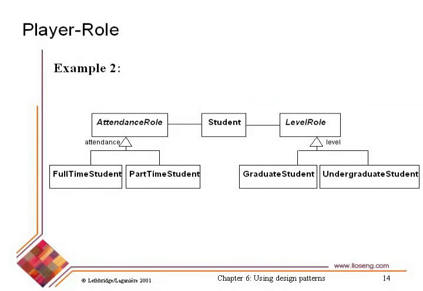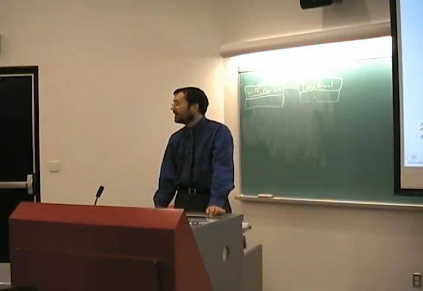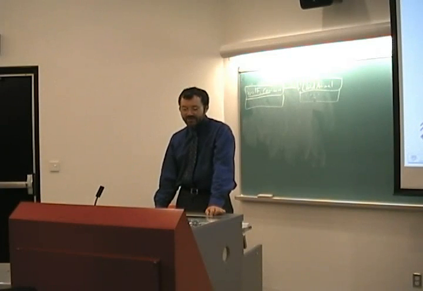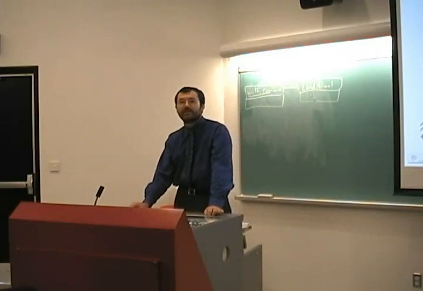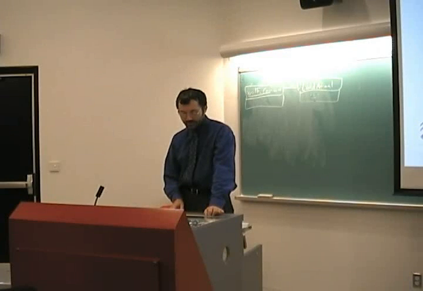On the other side, I have one of graduate and undergraduate. Again, might be used for computing fees or something to do with what courses I'm allowed to take, what rules apply to me, etc. As always, there have to be legitimate differences between these pairs of subclasses in order to justify the existence there. So that's the second example.